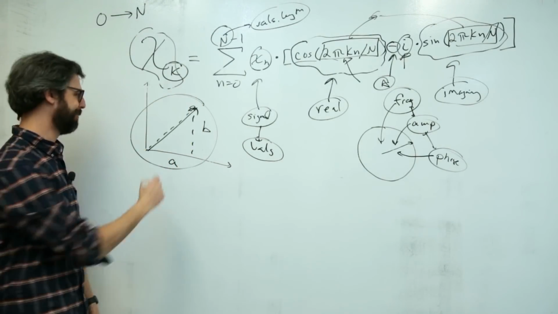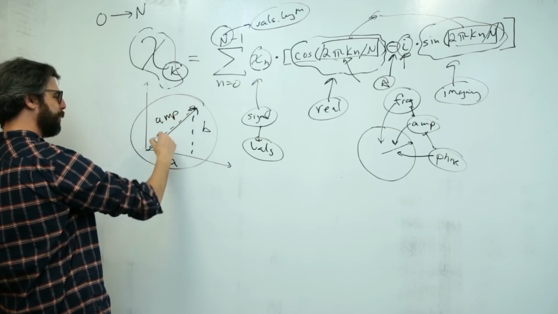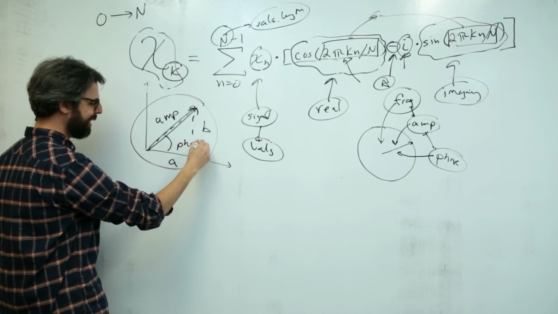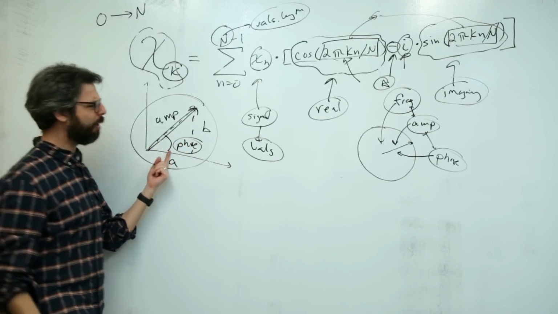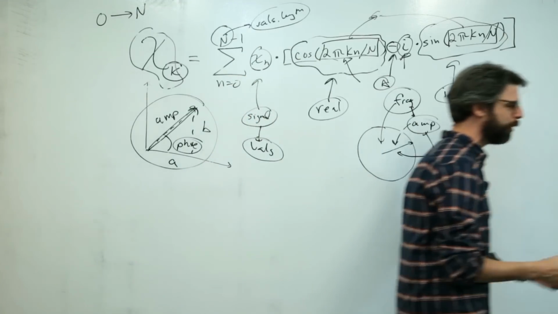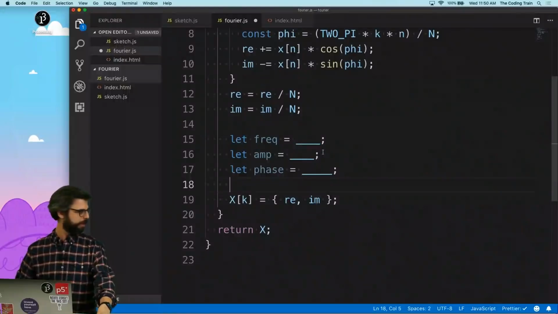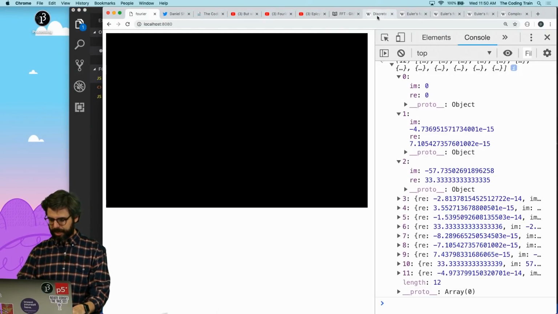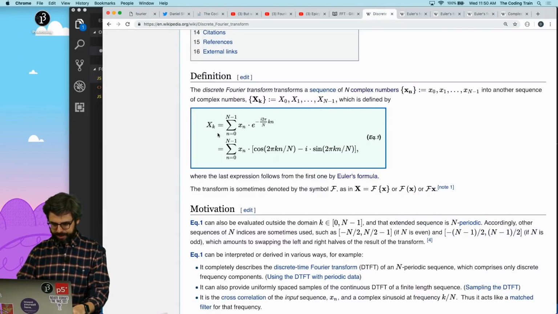And in fact, here we go. The amplitude is the length of that vector, and the phase is the angle of that vector. Well, so that's amplitude and phase, but what's frequency? Well, guess what? I don't know if there was a clue to this on that Wikipedia page, but the frequency is actually just k.